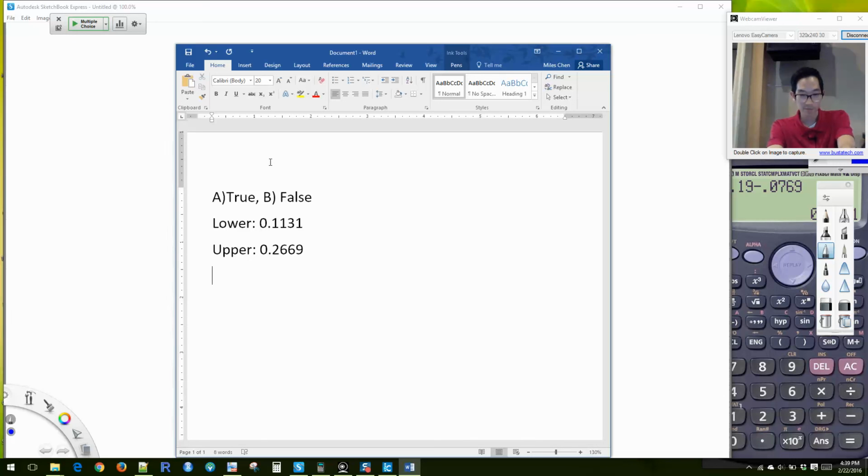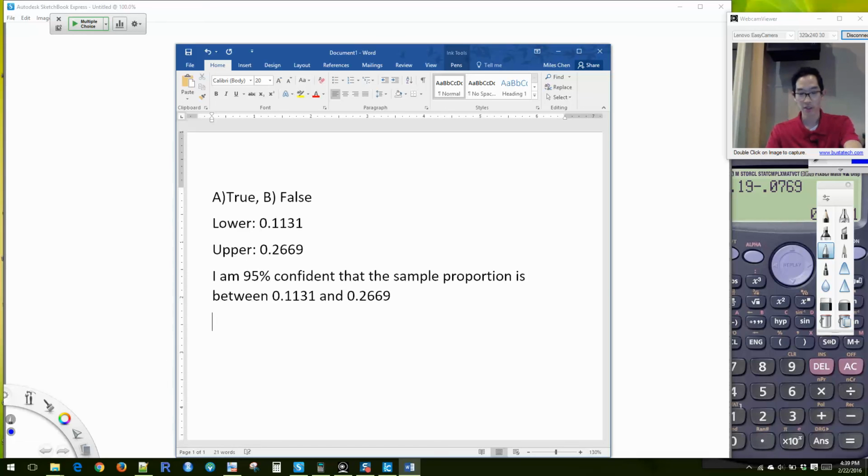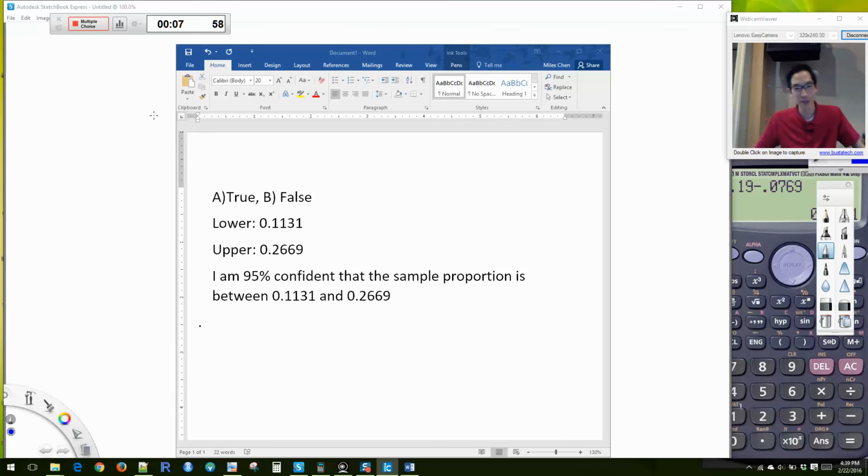I am 95% confident that the sample proportion is between 0.1131 and 0.2669. So these will be like lightning rounds. You just click yes or no, true or false. I'm 95% confident that the sample proportion is between 0.1131 and 0.2669.